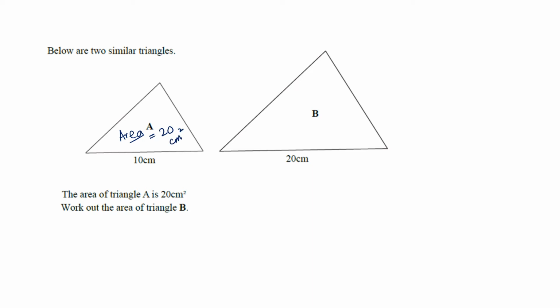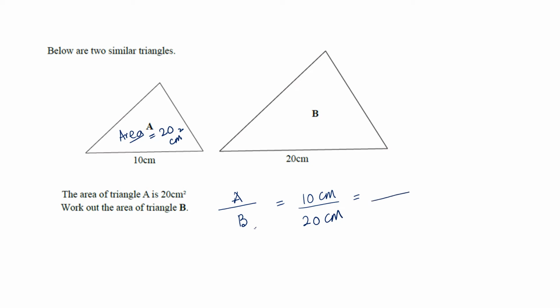What is the length of A? 10 centimeter. What is the length of B? That is 20 centimeter. And now they are asking you to find the area of triangle B.